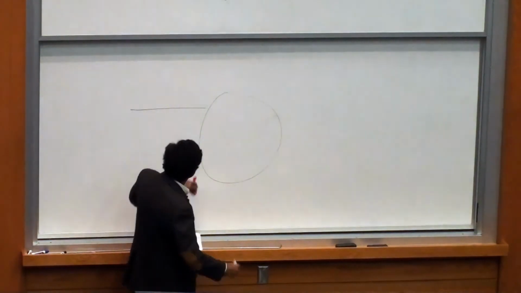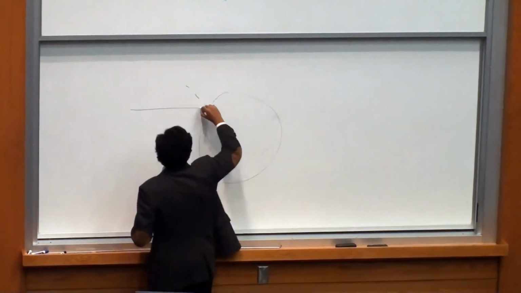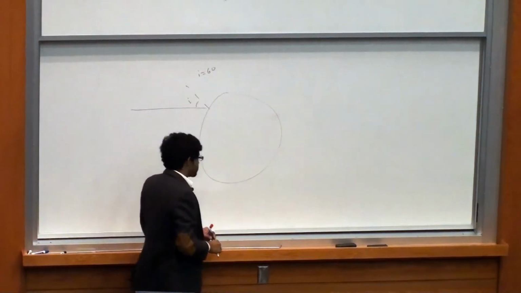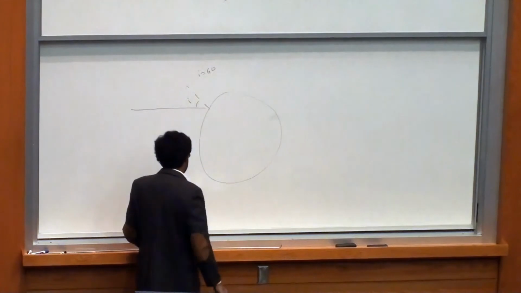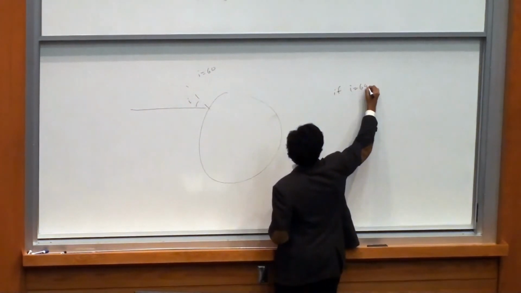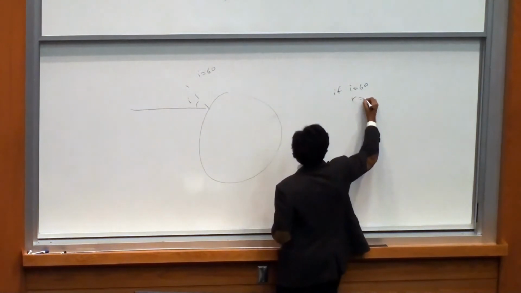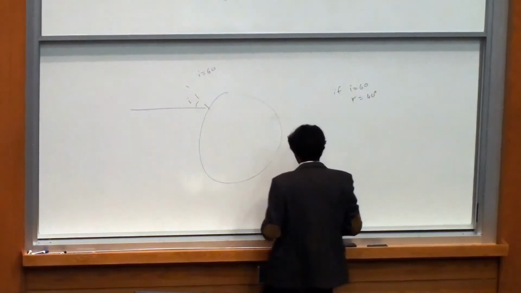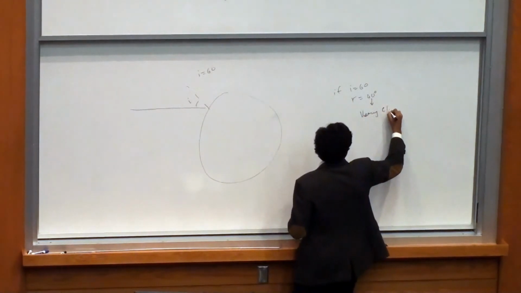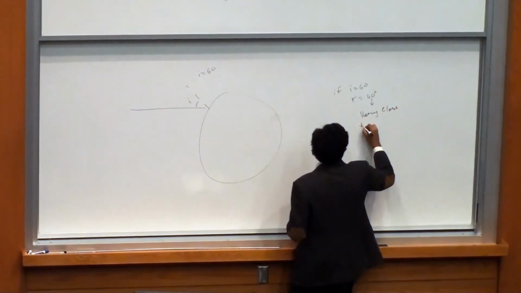Let's say the angle of incidence, I, is around 60 degrees. If I do my math, I'll get the angle of refraction is about 40 degrees. And this is very close to the Brewster angle.